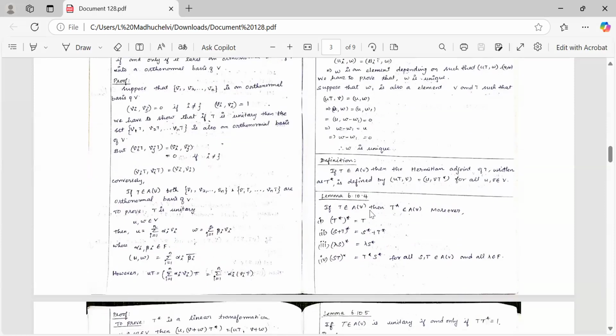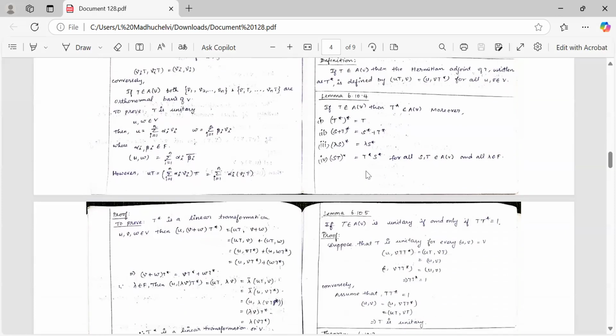That is, T star star equal to T. Second, (S plus T) star equal to S star plus T star. Third, (lambda S) star equal to lambda bar S star. Fourth, (ST) star equal to T star into S star, for all S, T belongs to A(E) and all lambda belongs to F.